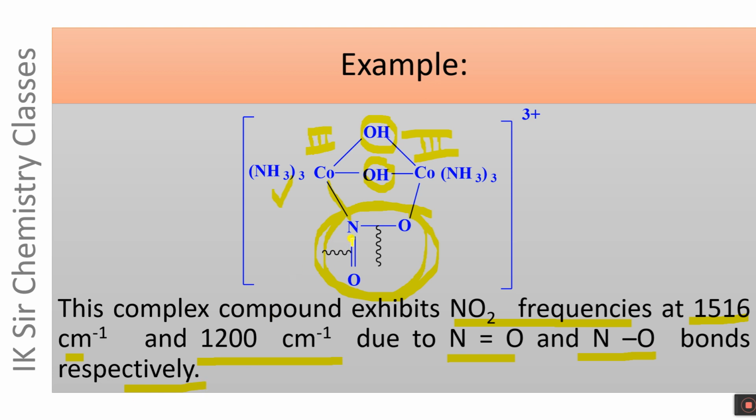This absorption band is obtained at higher wave number region because its force constant is higher. It is obtained at 1516 cm inverse due to stretching of N double bond O, while the absorption band due to stretching of N single bond O is obtained at 1200 cm inverse.